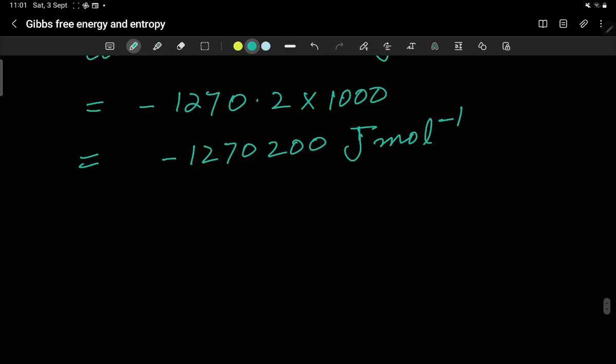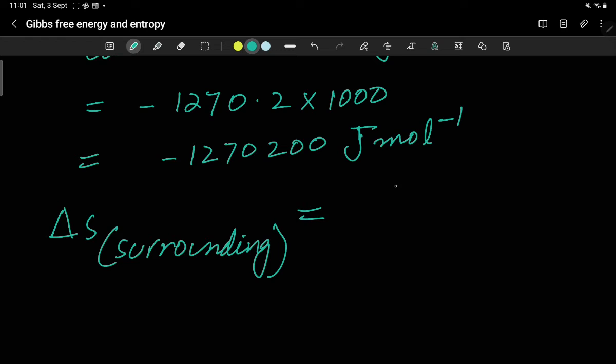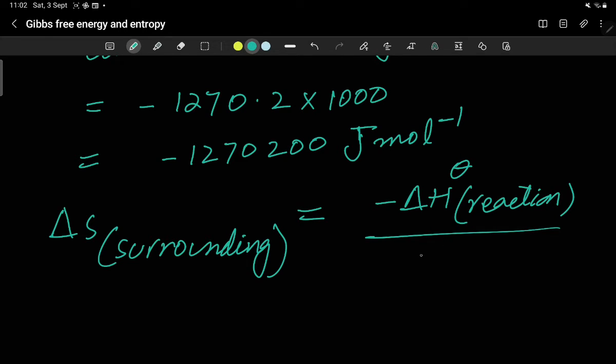Now apply the relationship. We use delta S surrounding is equal to minus delta H of the reaction divided by temperature.